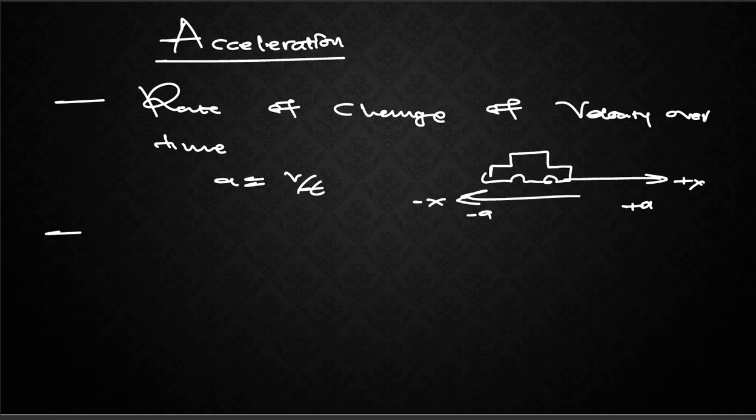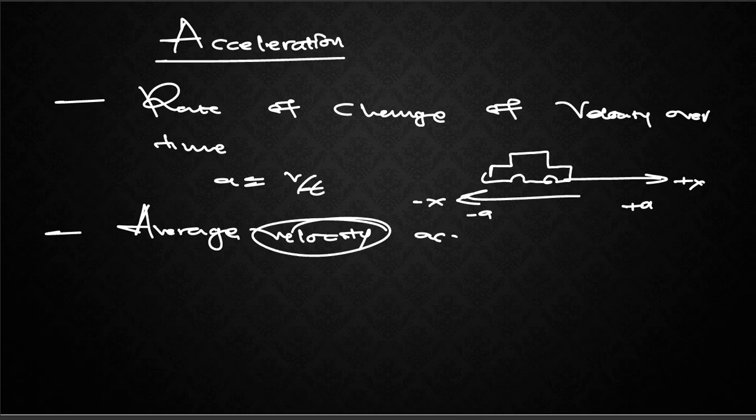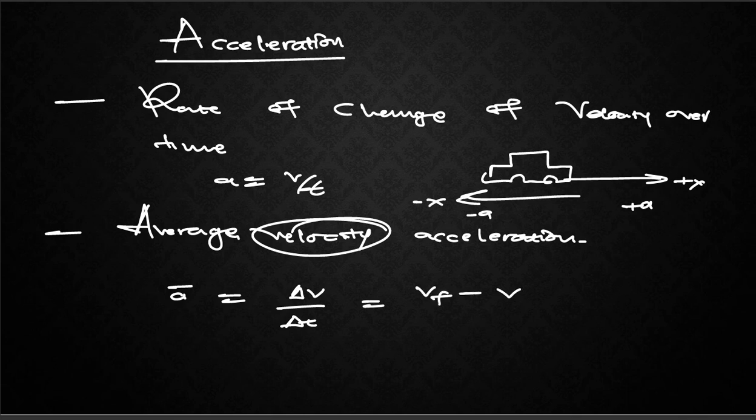Now what about the average acceleration? What does it mean? The average acceleration is given by the change in velocity over the change in time, where the change in velocity is v final minus v initial, over t final minus t initial.